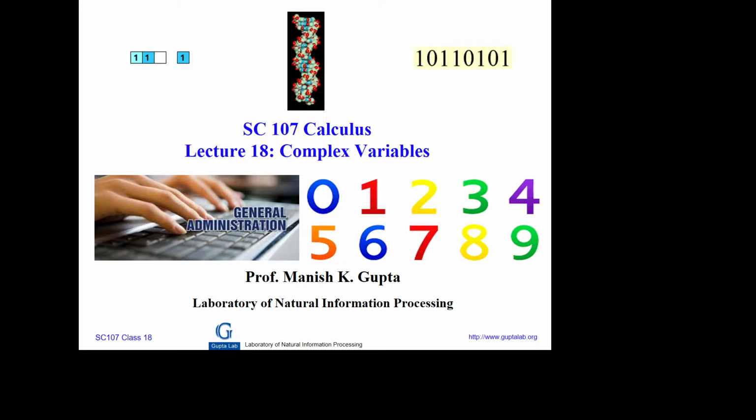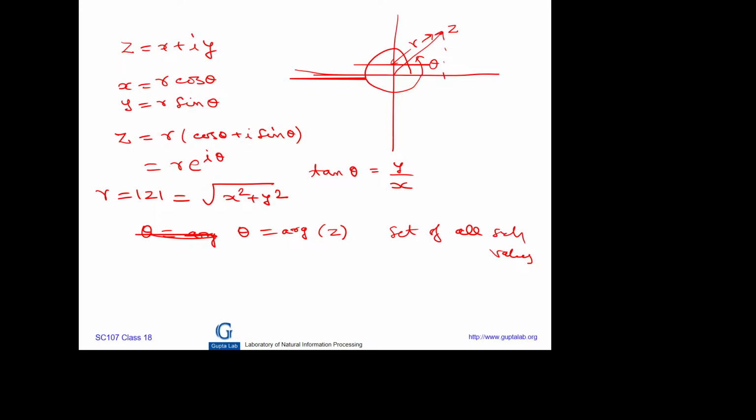So set of all such values, okay? So basically, as there are many values of theta, the first round of circle, right? So first set when n, so basically when n is equal to 0, because we know that cos of theta plus 2n pi is same thing as cos theta. So when n is equal to 0, you will get the principal value, right?